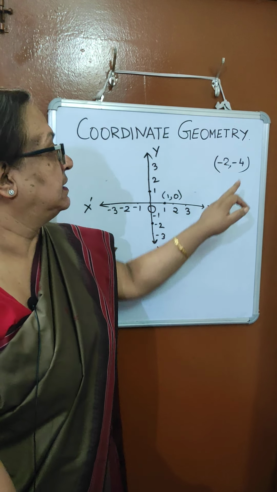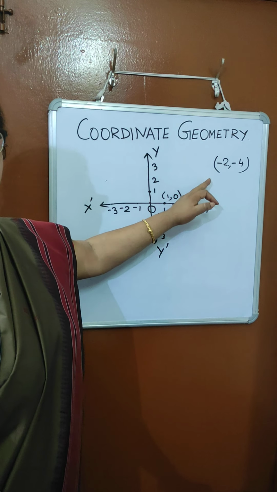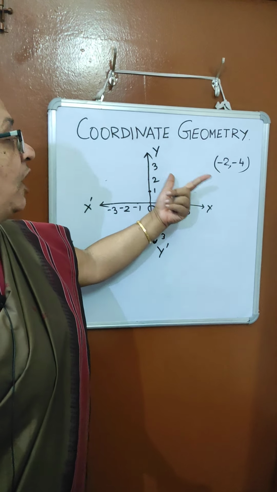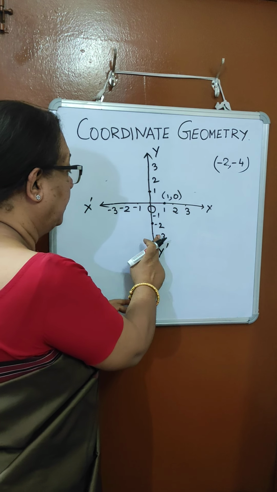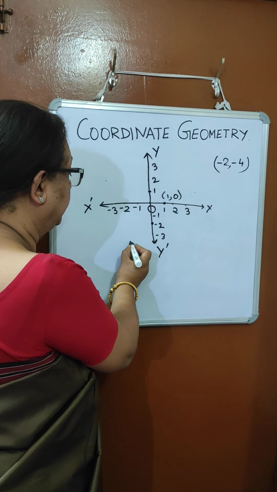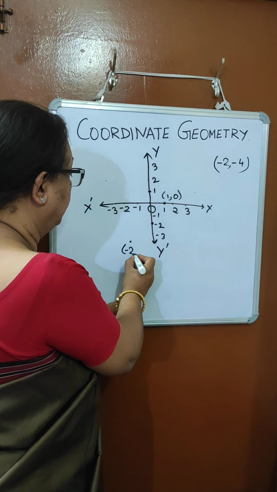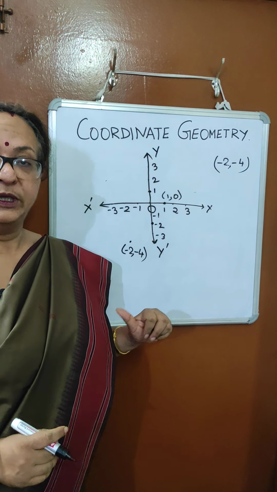Both are minus, minus. So this should lie in the third quadrant. And how to plot the point? -2 and then -4. If you just go down -3, -4, somewhere here. So this point is -2, -4. So this is how we plot a point.